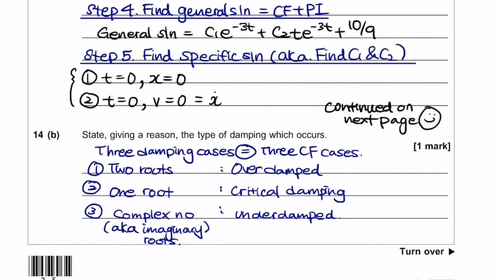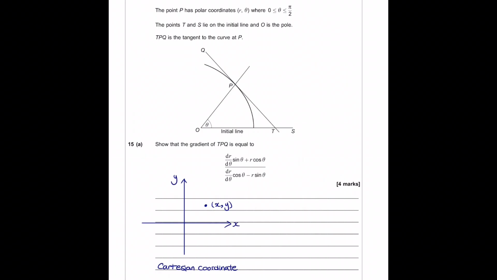So each case has a corresponding damping case, where 2 roots is overdamped, 1 equal root is critical damping, and imaginary roots is underdamped. Because our auxiliary equation has a single root, we can say that our case is critical damping.